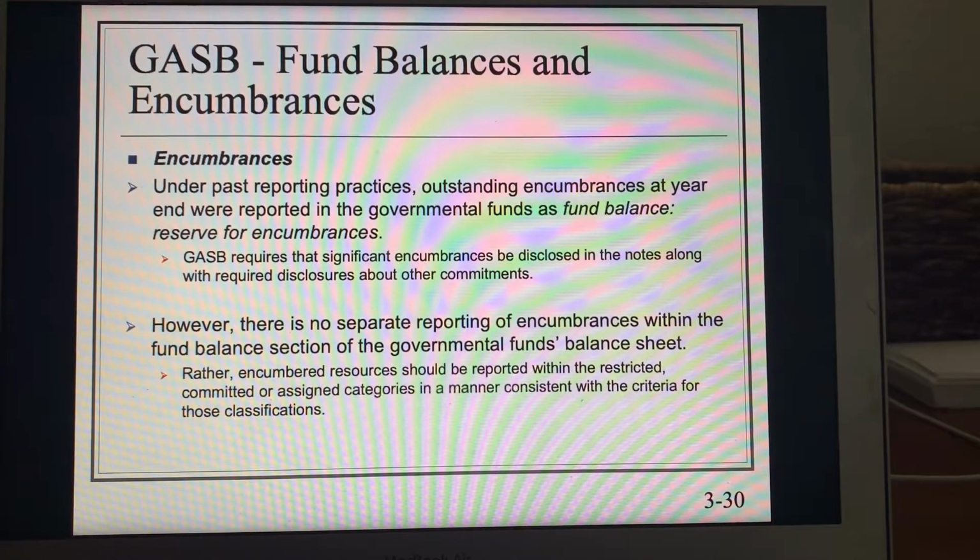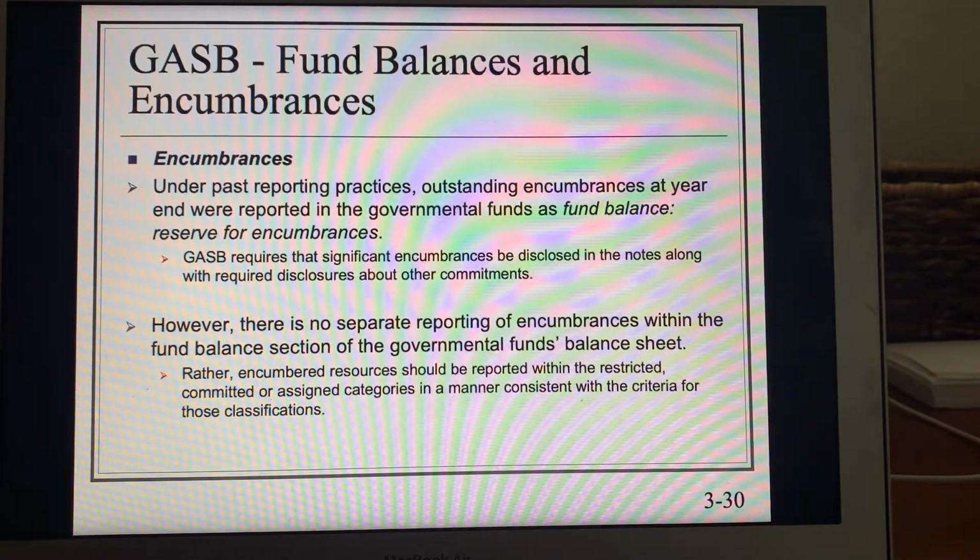However, there is no separate reporting for encumbrances within the fund balance section of the governmental funds balance sheet. Rather, encumbered resources should be reported within the restricted, committed, or unassigned categories in a manner consistent with the criteria for those classifications.